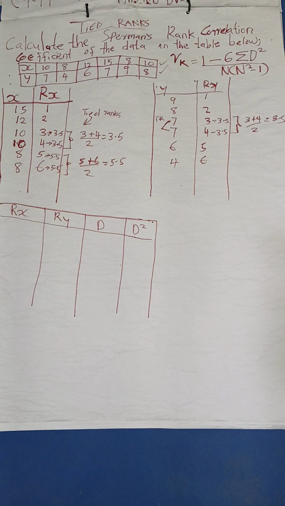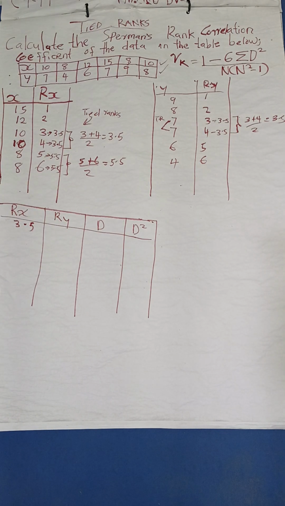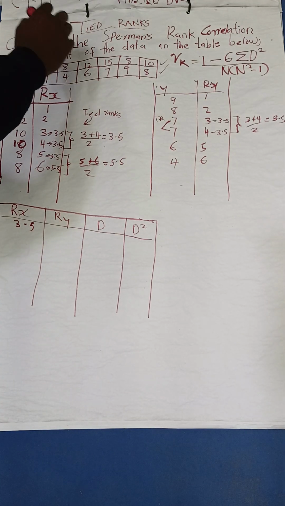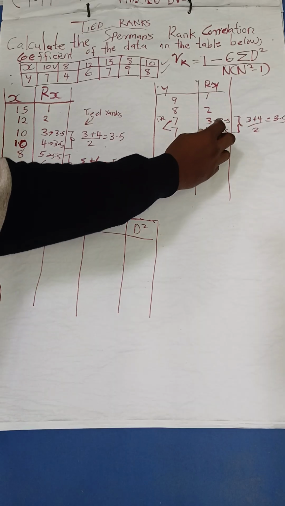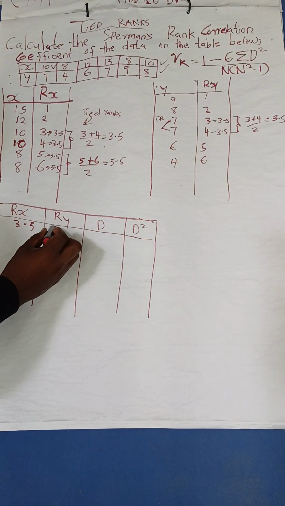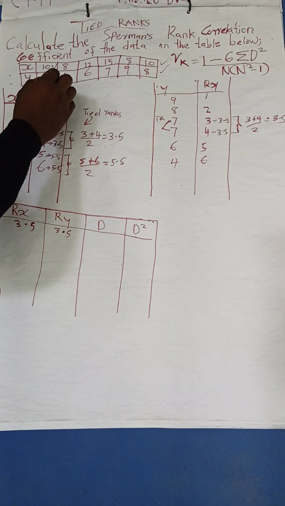So you write 3.5 here. Then we go to y, 7. What is the rank of 7? The rank of 7 is 3.5 in y. So we are done with the first pair.